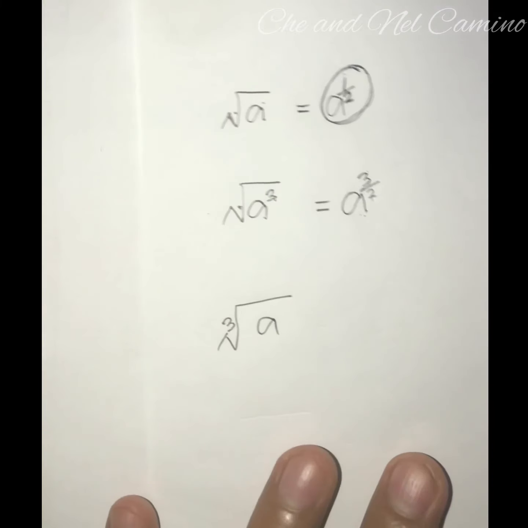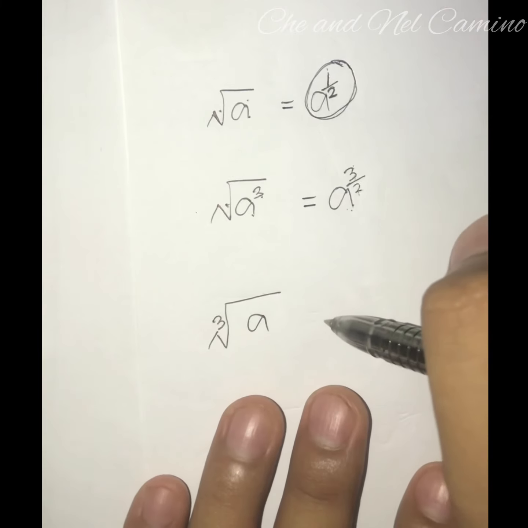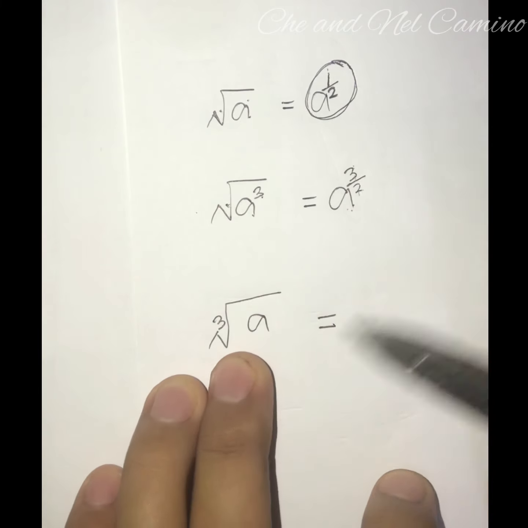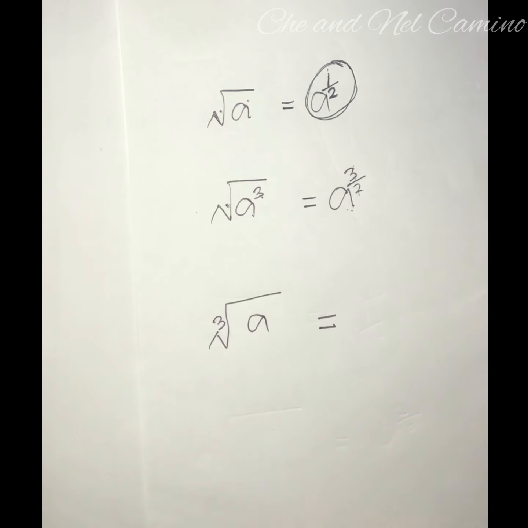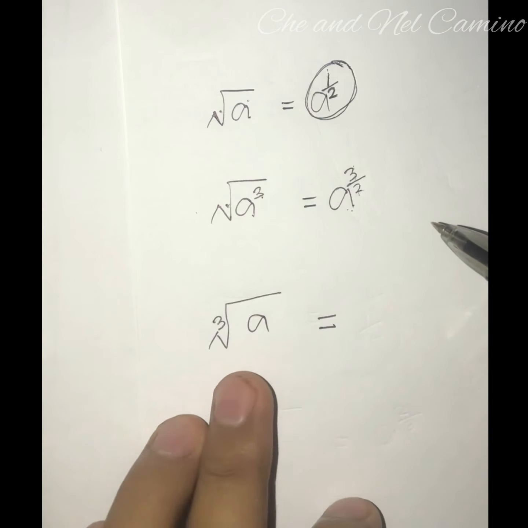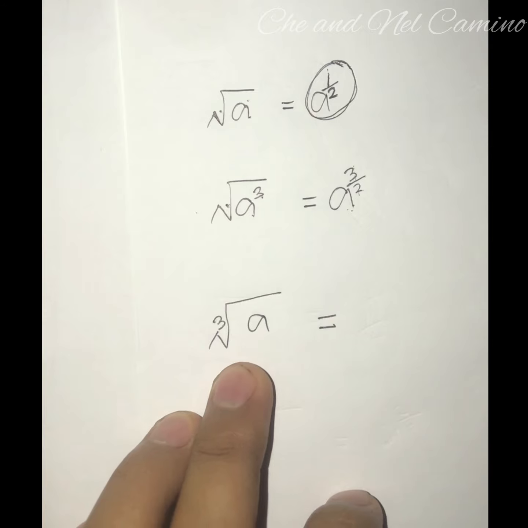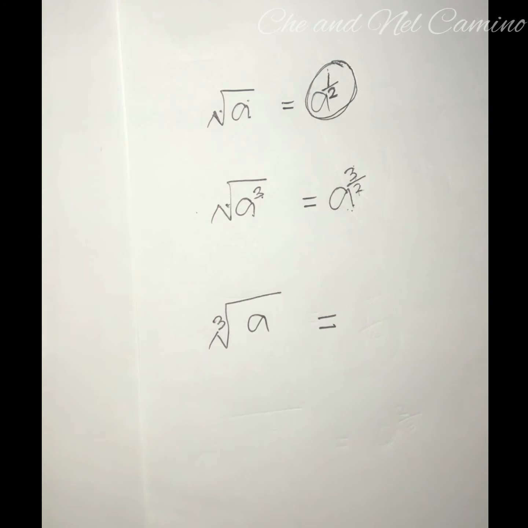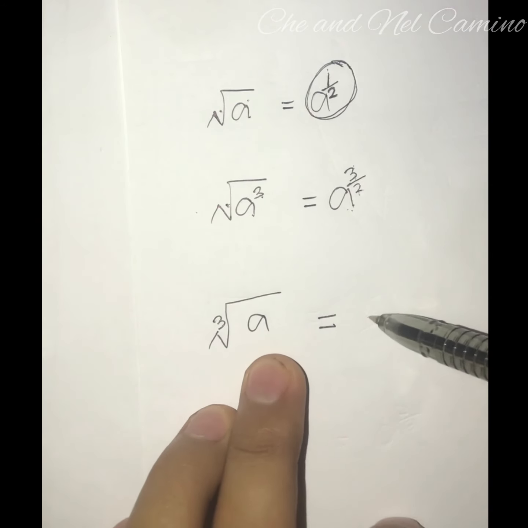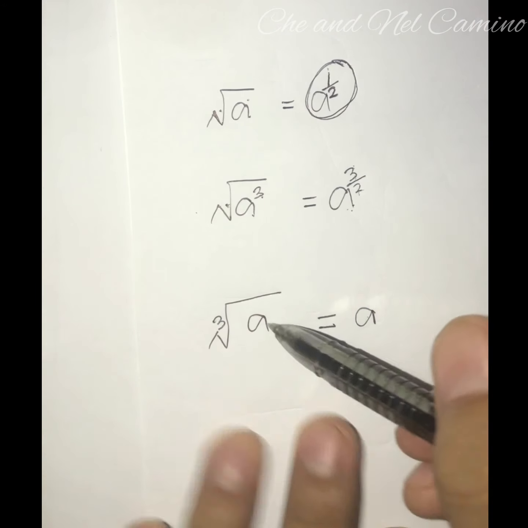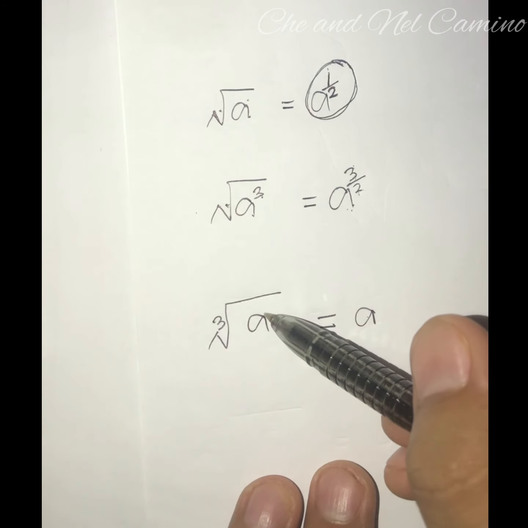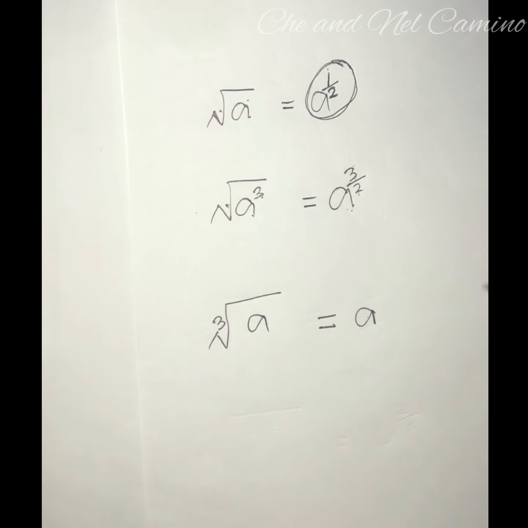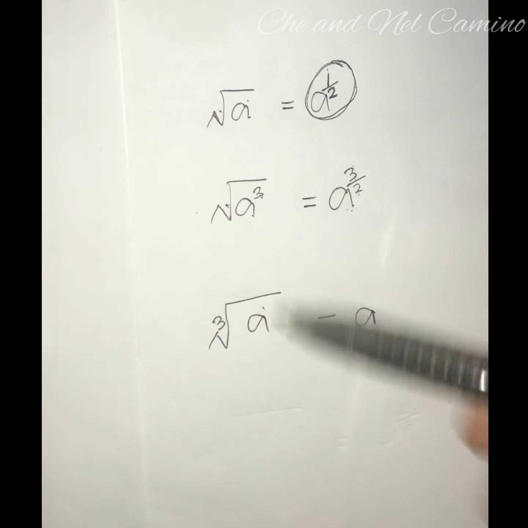So next we have number 3, cube root of a. So how are we going to transform this radical expression to exponential expression? So again, same procedure, copy a, and then since we don't see any number here on the top of a, so that is understood that we have an exponent of 1. Very good.